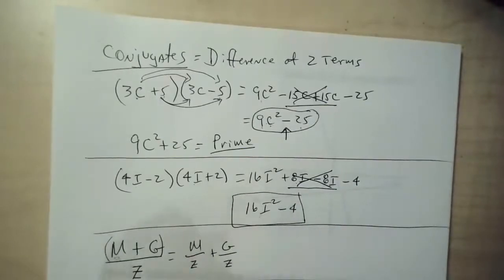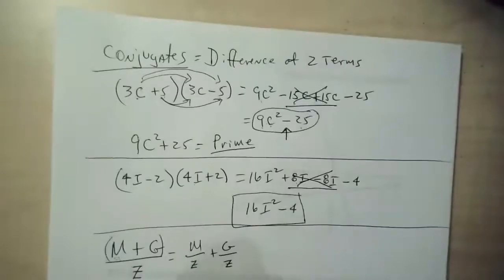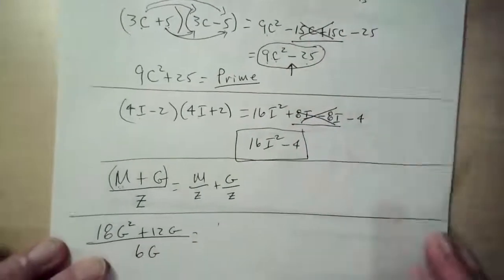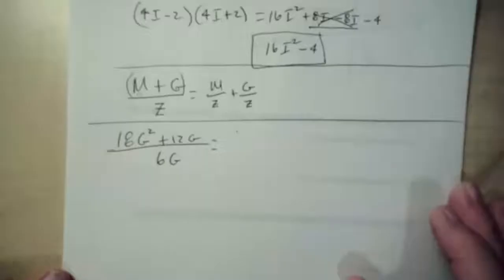So get this, Mr. Garcia. If we have 18G squared plus 12G divided by 6G. Now let's split this up. And what do we get, Mr. Garcia? Can you move your paper up a little bit more? Is that better? Yeah, that's good.